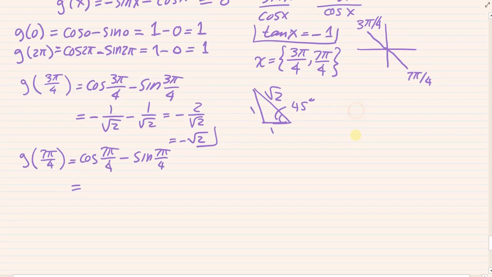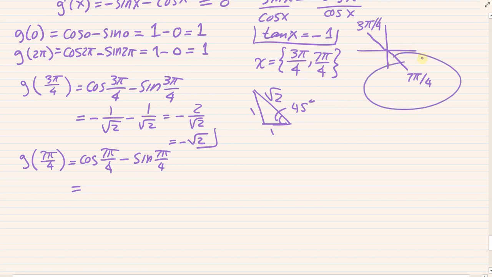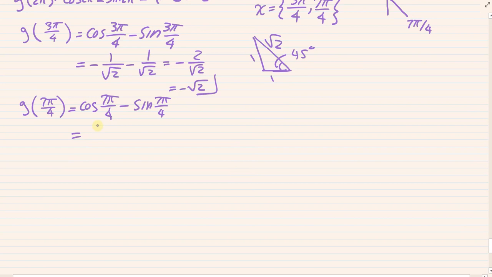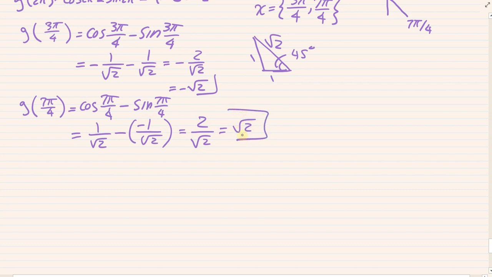Because the angle itself is in the fourth quadrant, cosine will be positive, sine will be negative. So that's 1 over root 2. Minus sine, because we're in the fourth quadrant, sine would be negative 1 over root 2, and in this case, negative. So that's going to give me 2 over root 2, or just root 2.